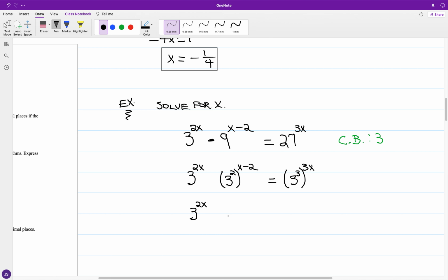So for right now, we got 3 to the 2x, then you have times 3 to the 2 times all of x minus 2, and we have equal to 3 to the 3 times 3x. So you have 3 to the 2x times 3 to the 2 over the quantity of x minus 2. That is going to be 2x minus 4.